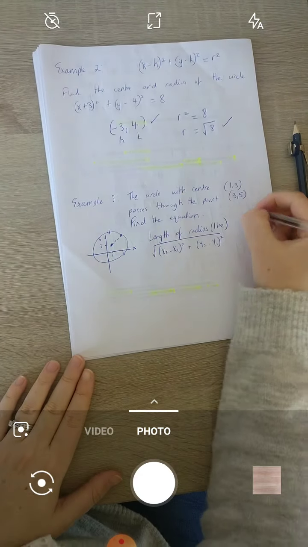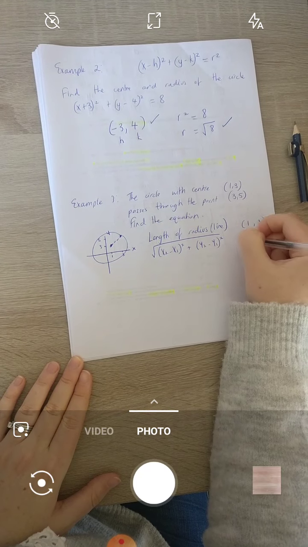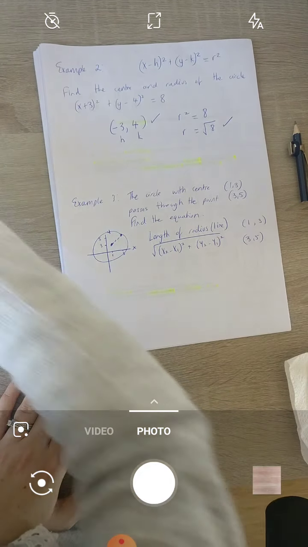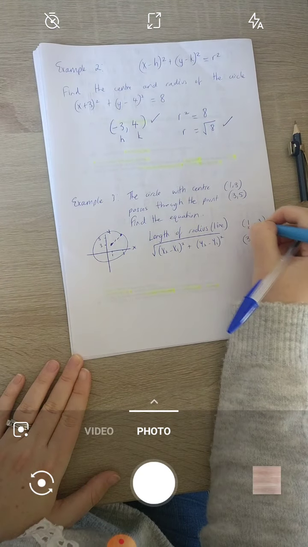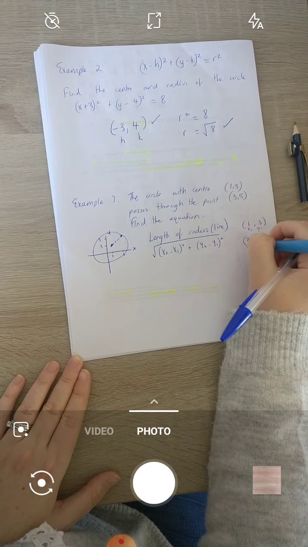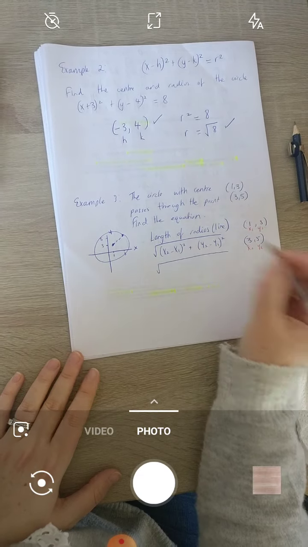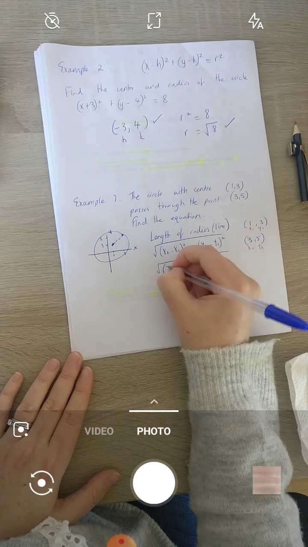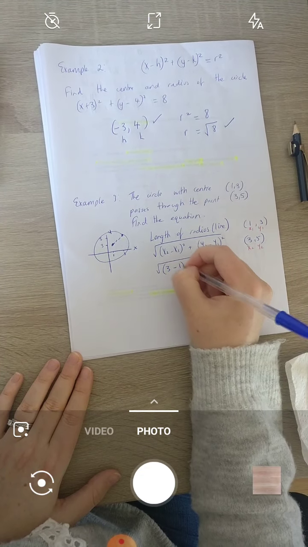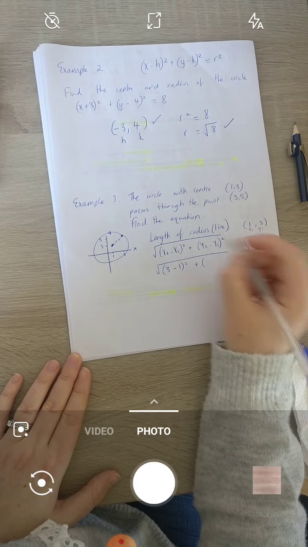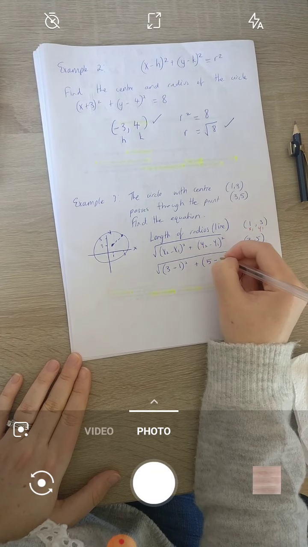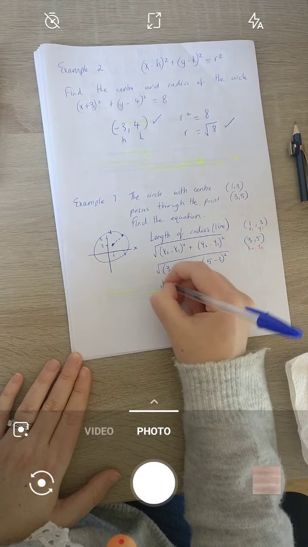We're using our points 1, 3 and 3, 5. So I'm going to label x1, y1, x2, y2. So we've the square root of x2, which is 3, minus x1, which is 1, to be squared, plus y2, which is 5, minus y1, which is 3, to be squared.